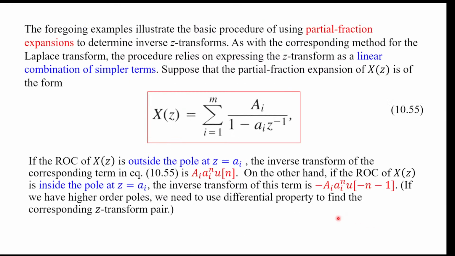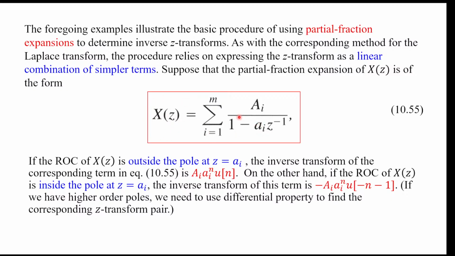And we can generalize a little bit of this to a lot of rational functions. If our rational function can be written with single poles in terms of linear terms of this z minus 1, then we already see how to do the inverse transform.